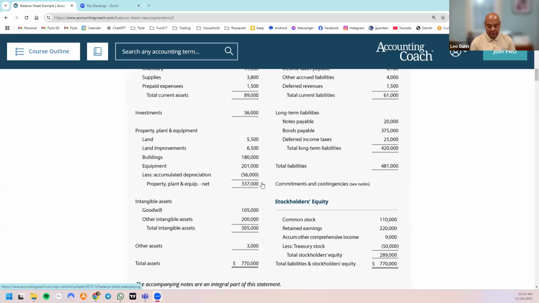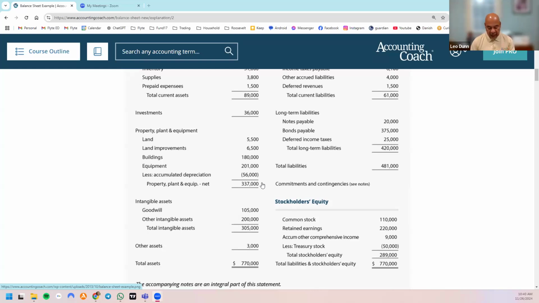Common stock is basically shares that are sold to individuals, to entities as ownership in the business. So this business has outstanding common stock of $110,000.